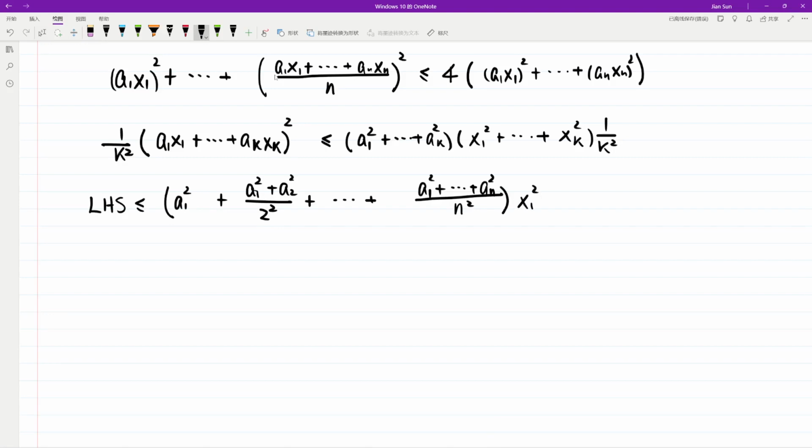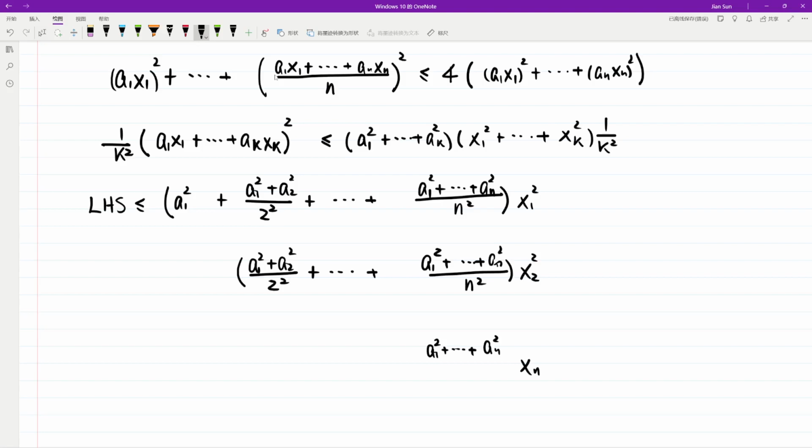What about the x2 squared coefficient? That's a1 squared plus a2 squared divided by 2 squared, plus all the way to a1 squared plus up to an squared divided by n squared. So that's the coefficient of x2 squared. And in the very end, we simply have the coefficient of xn squared, which is an squared divided by n squared.